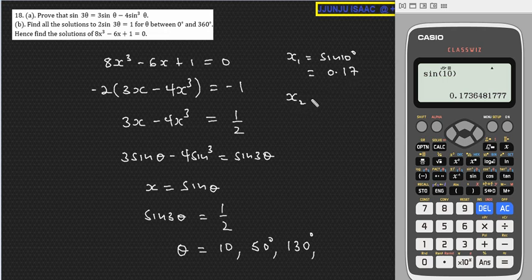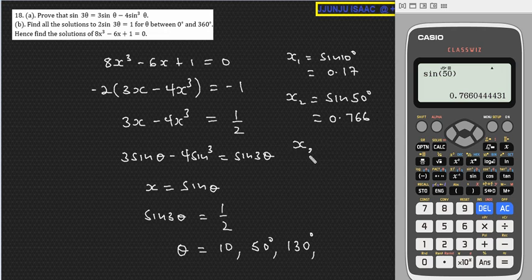Then x2 is going to be sine 50 degrees, that gives us 0.766.